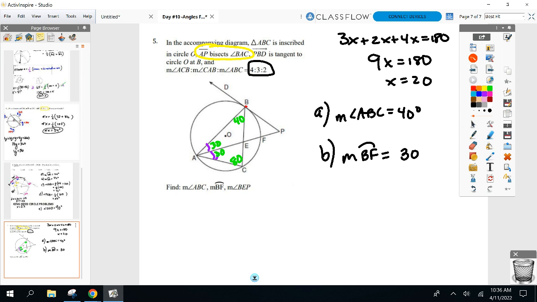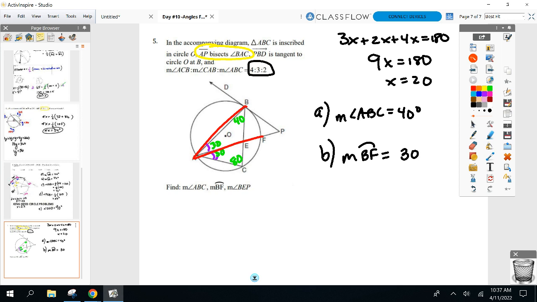This angle right here, BAF, is an inscribed angle drawn to arc BF. So I know the inscribed angle's 30. How would I find the arc then? Does that mean that's also 30? No, that's central angle. Half of. Okay, 30 is half the arc, correct.